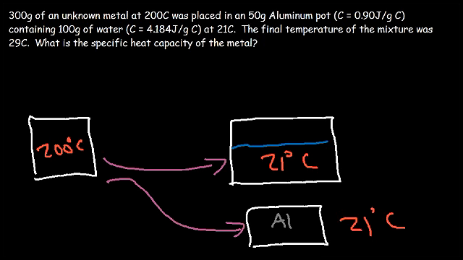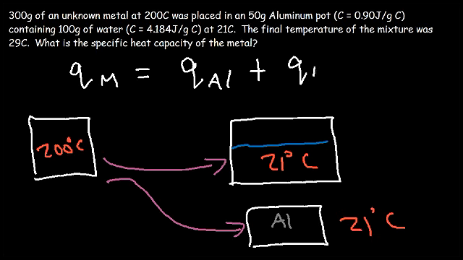So we have three things, but the equation is going to be written a little differently this time. So on the left side, we're going to put the substance that released heat energy, which is the unknown metal. And on the right side, we're going to put the substances that absorbed heat energy, which is the aluminum metal and the water.